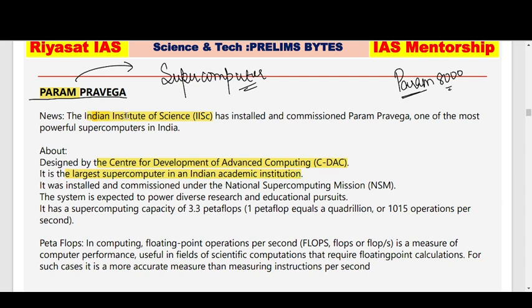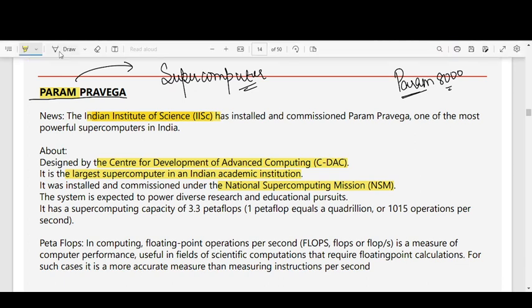IISc is an academic institution in Bangalore. It was also commissioned under the project known as the National Supercomputer Mission. Very important part.